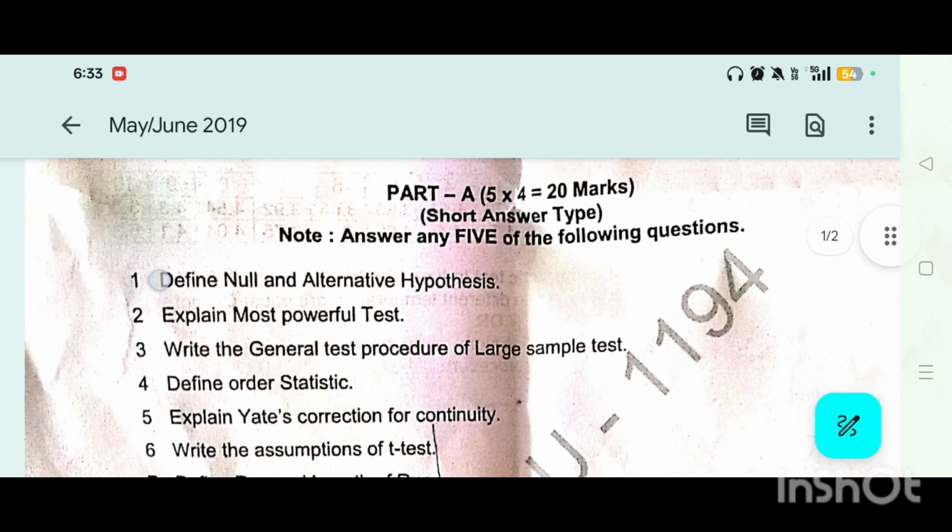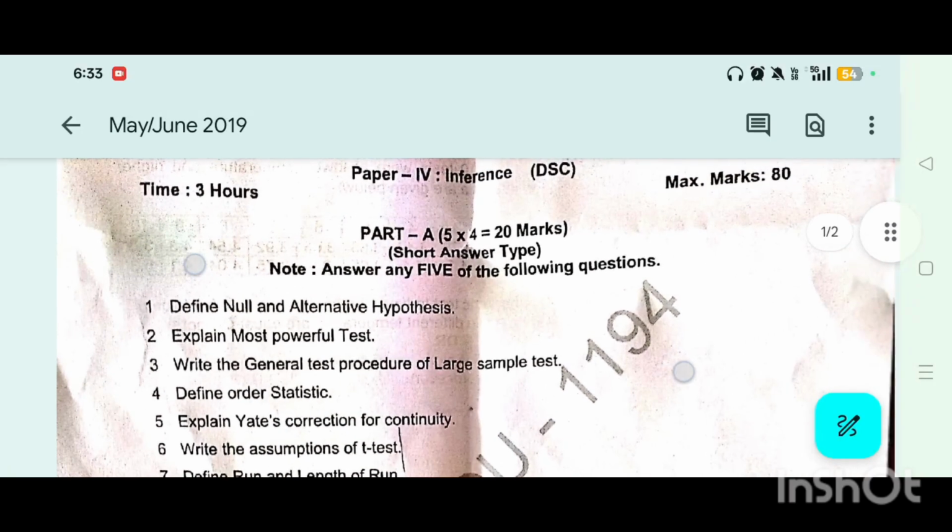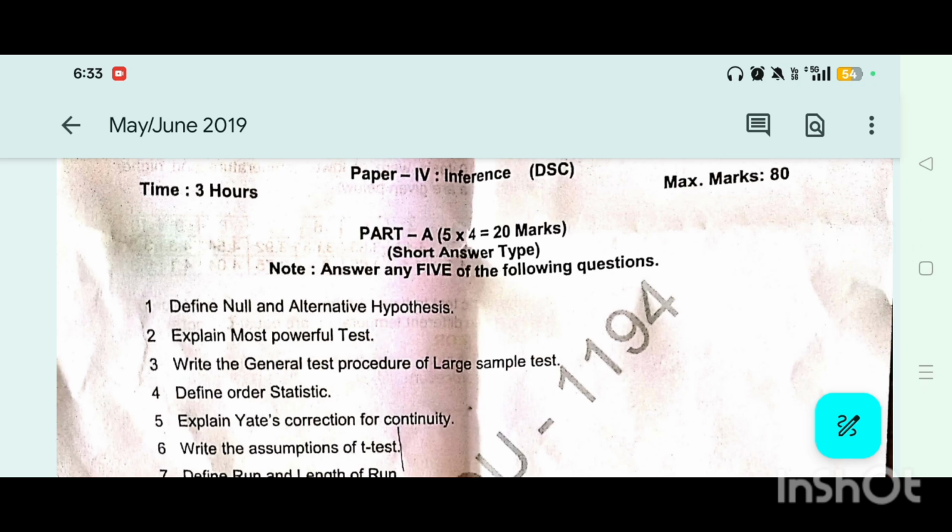Today we are learning the previous year's examination question paper, semester 4, that is inference.